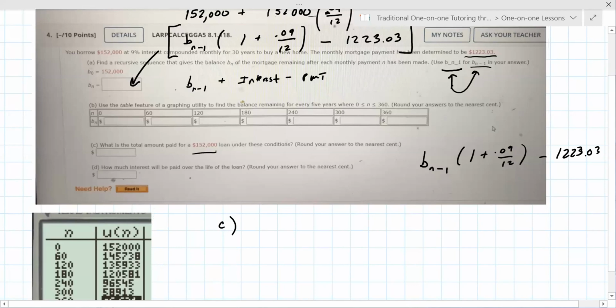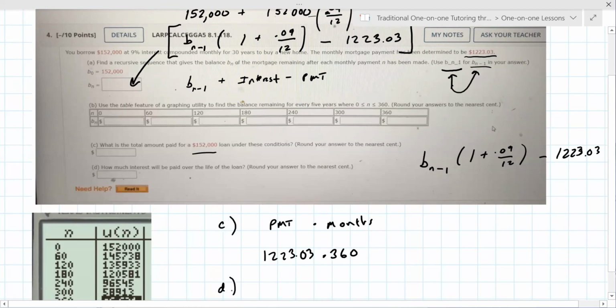So the total amount paid is your payment, which happens to be $1,223.03, times the number of months, which is 360. That's your number for part C.